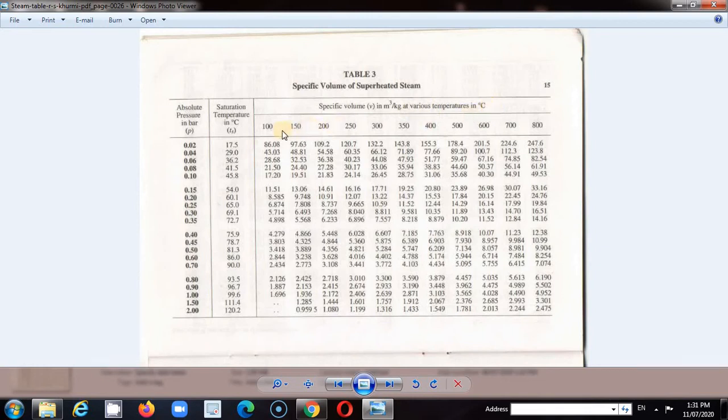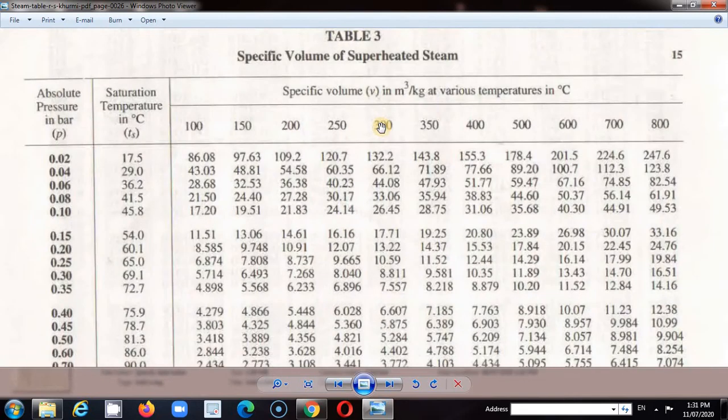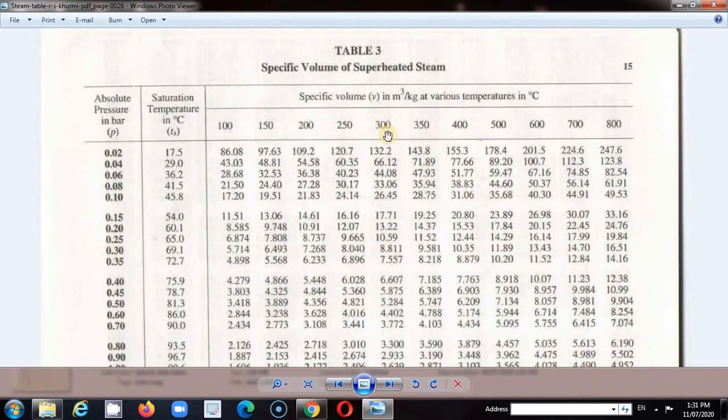Here you will get the temperature range from 100 degrees centigrade to 800 degrees centigrade. On the left-hand side you will get the values of the pressure, and the next column is related to the saturation temperature. Suppose you want to calculate the specific volume at 300 degrees centigrade for a pressure of 0.15 bar.